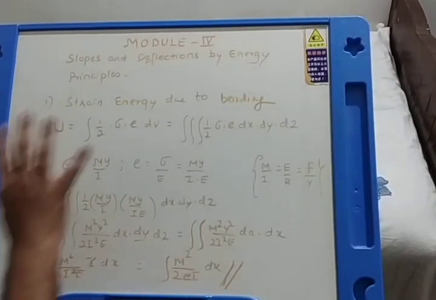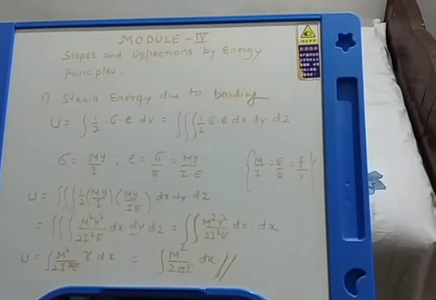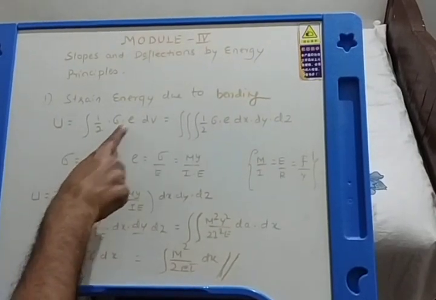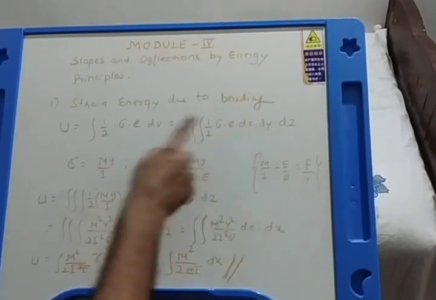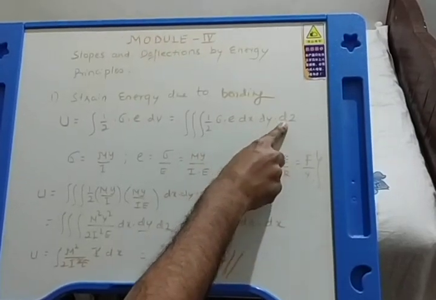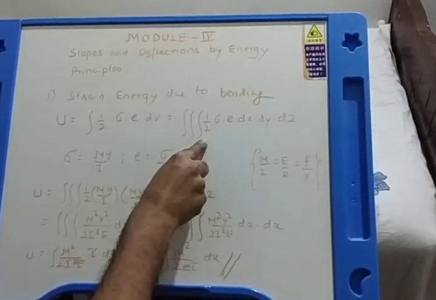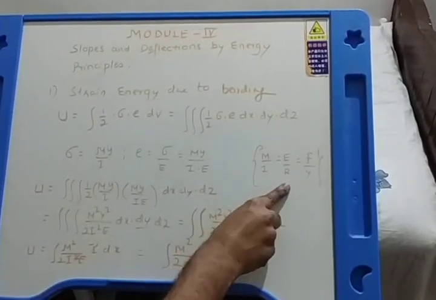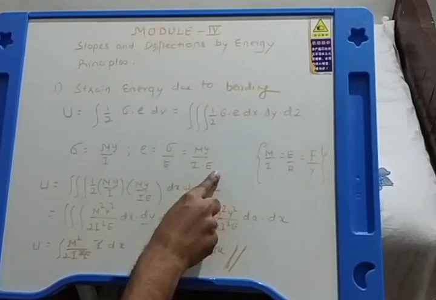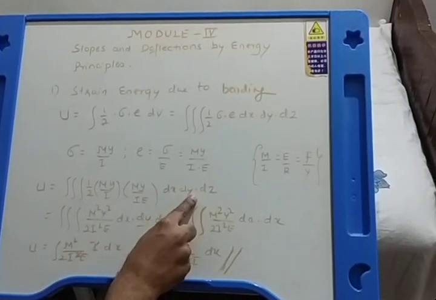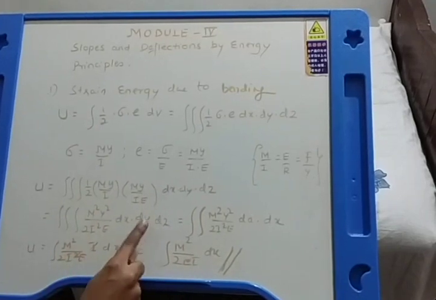Once again, I will just give you a quick recap of what I have done. This is the expression for strain energy, the general expression. In this general expression, dV stands for dx dy dz. Single integration will become triple integration, sigma is My by I. This is the formula. And E is My by IE. Then you substitute here, you will get like this, and then simplify this.